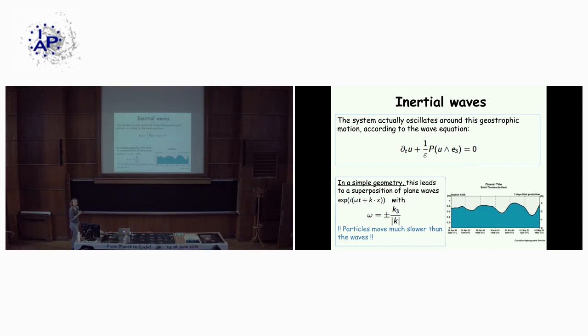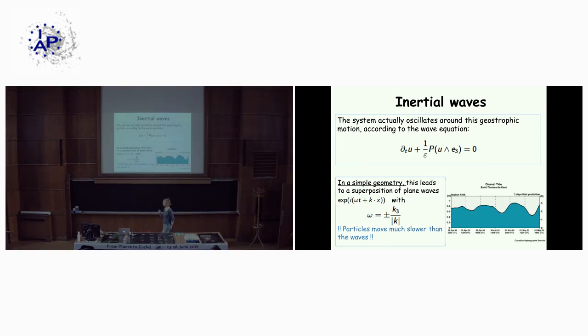It is very different from more usual waves such as acoustic waves or electromagnetic waves. For usual waves, omega depends only on the modulus of k, while here it's very different. It doesn't depend on the modulus of k. It depends only on the direction of k.